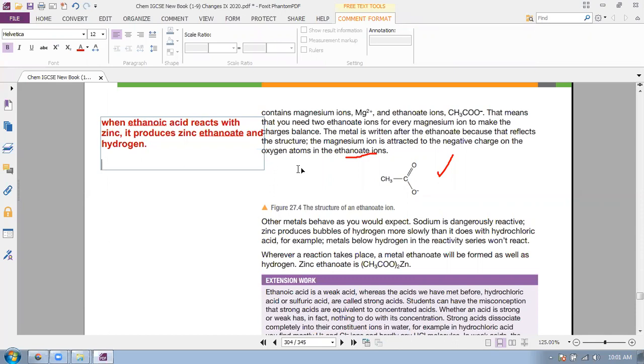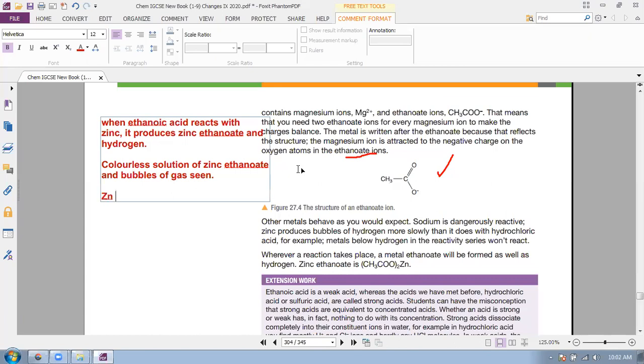Zinc ethanoate solution, that is a colorless solution of zinc ethanoate, and hydrogen gas, bubbles of hydrogen gas seen. Colorless solution of zinc ethanoate and bubbles of gas seen. This is the observation.